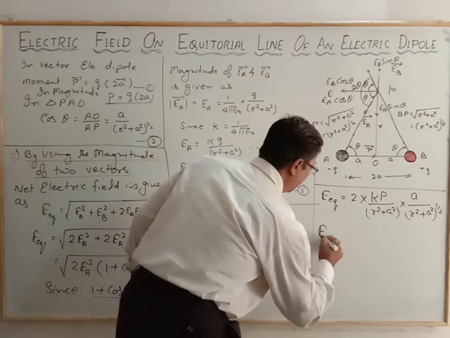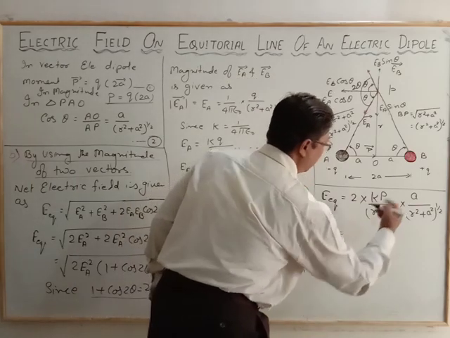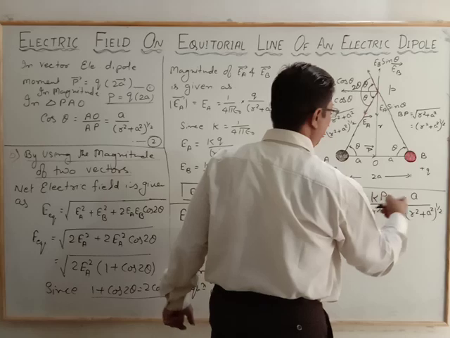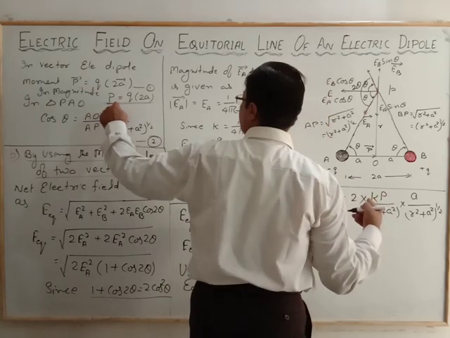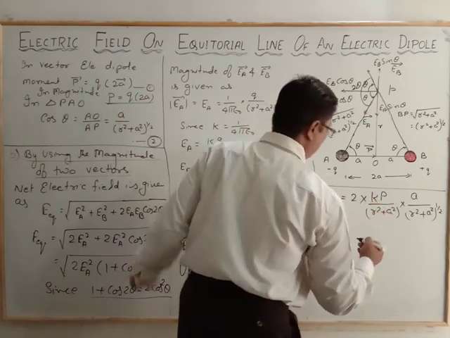Now the electric field E at the equatorial is equal to, again we have 2pA, and that p is equal to Q into 2a.